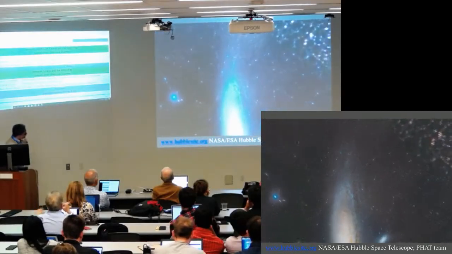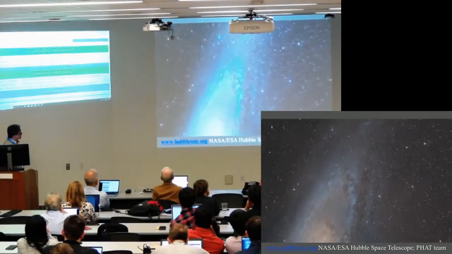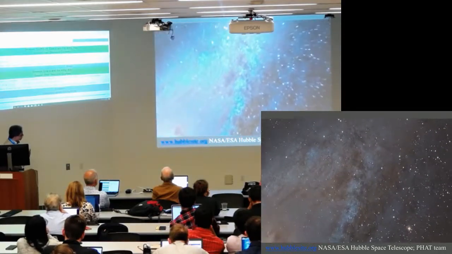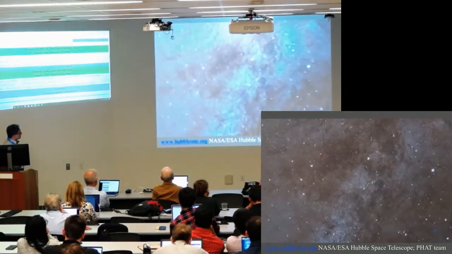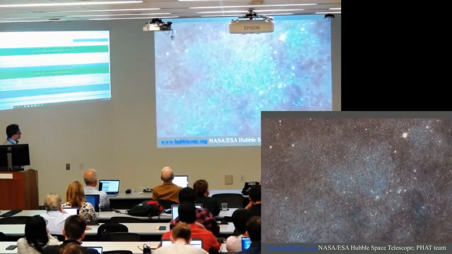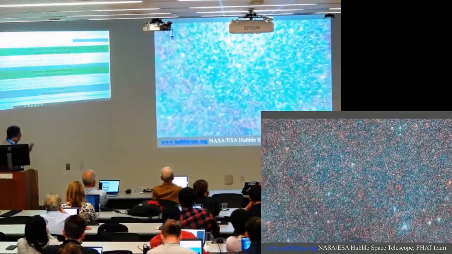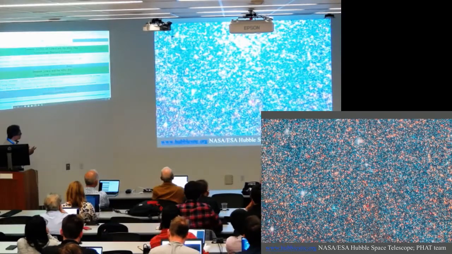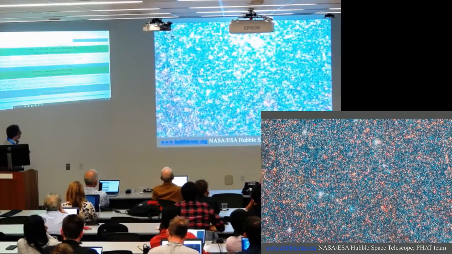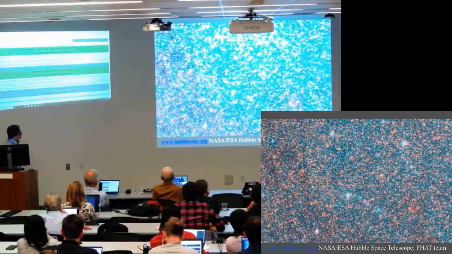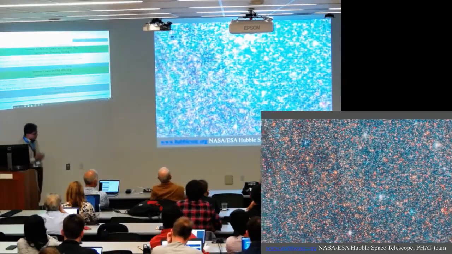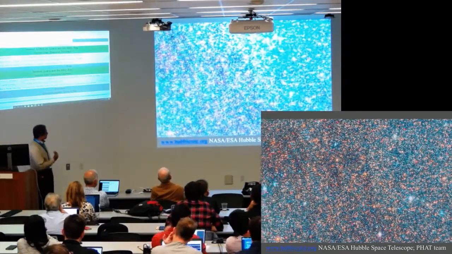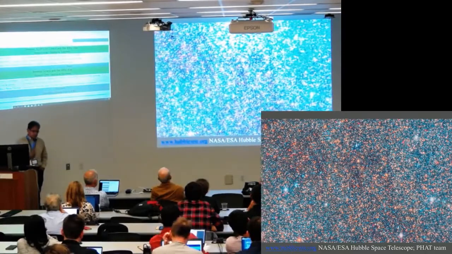We're going to zoom in until you can see individual stars and the variety of individual stars in a small piece of Andromeda's disk. You can see dust lanes, and you can see star clusters in this image. You can really see patches of dust where some of the stars in those patches are red. Those are the ones that are behind the dust, and there are stars that are in front of the dust.